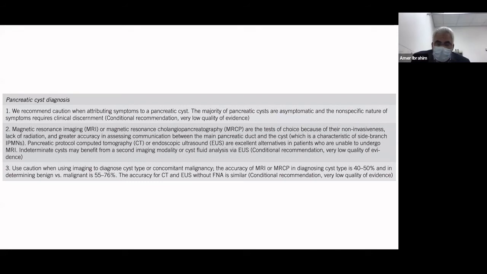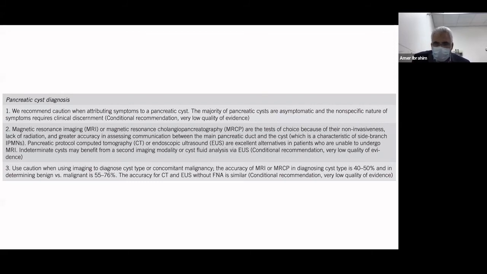However, here we need to be very, very careful, which is written in recommendation number 3, that the accuracy of the MRI, MRCP in differentiating whether this is malignant or benign is only between 50 to 76%. So between half and three-quarters of the cases. So if MRI, MRCP reassured us, look, everything looks beautiful, there is no worrying feature in this lesion, that doesn't mean definitely the lesion is benign, not malignant, because the accuracy of differentiating between benign and malignant is up to 76% only.